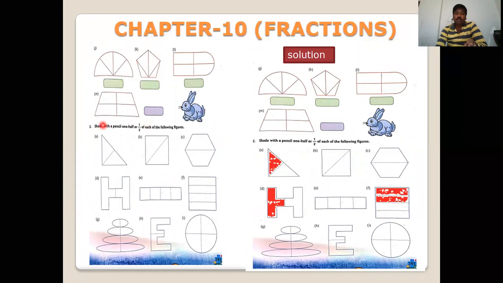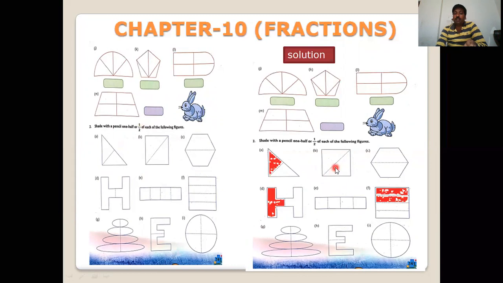And now question number 2: shade the part one half or 1 by 2 of each of the following figures. Here I have solved some questions of this figure. Now here we see this part is divided into two, and one is the shaded part, so we shaded it, and after that this is the question I have taken.